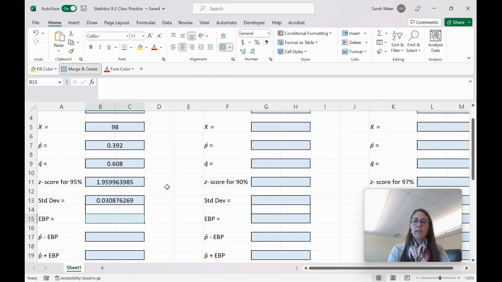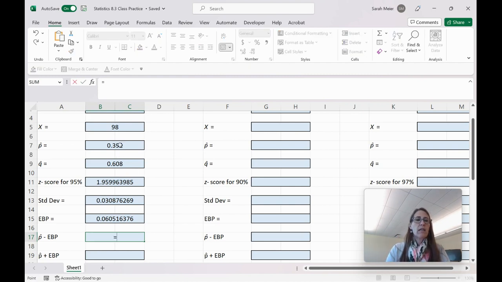So the EBP, same as it was before, is the z-score times the standard deviation. And now our confidence interval is going to be our proportion minus the EBP and then the proportion plus the EBP. So I'm going to do equals our sample proportion minus the EBP. That's going to be the lower limit or bound, and then the sample proportion plus EBP.